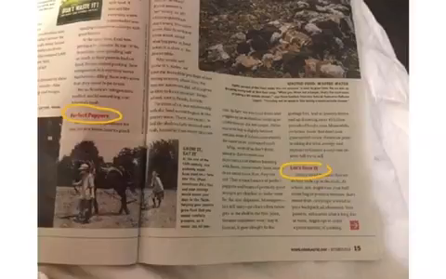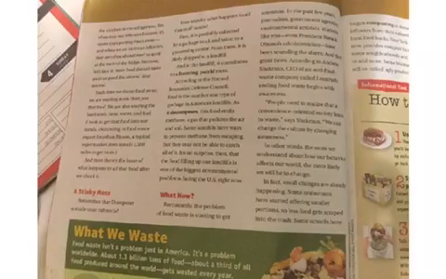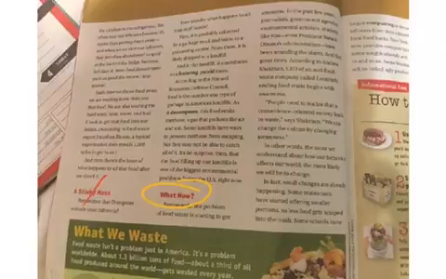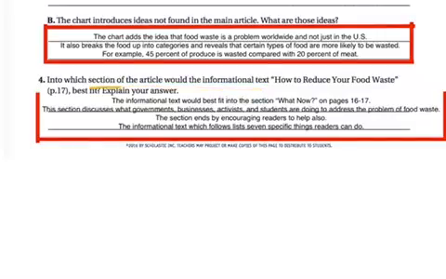Because clearly it's not these. But I do have an interest in this one, "What Now?" Like, what are we going to do about this problem? "What Now" indicates to me that this would be a good section for a solution. So that would be the correct answer. So make sure you have that written down on your paper.